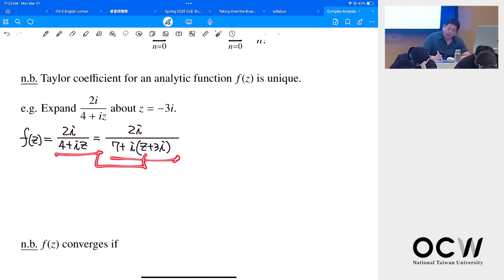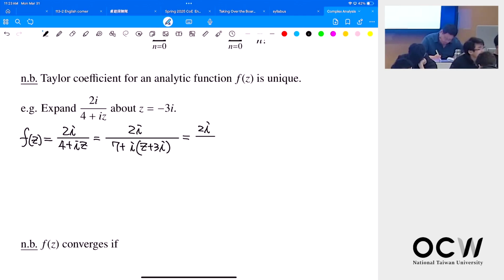Okay, and the next step, I would like to make the ratio. So here I take the 2i over 7 outside. And then we have 1 divided by 1 plus i over 7 (z plus 3i).